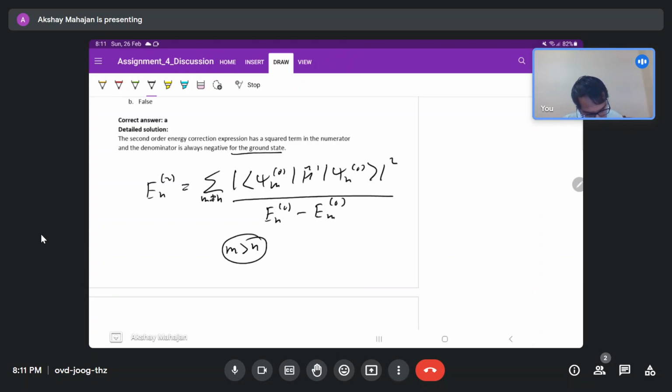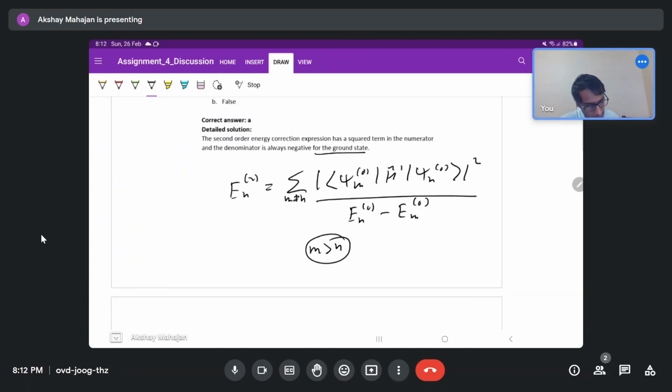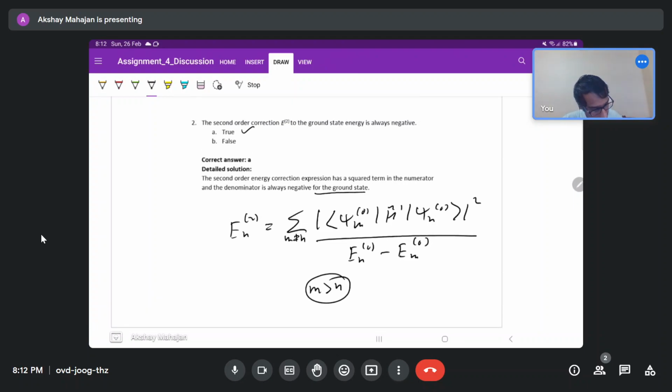Generally the m value is greater than n. Even for an excited state, there could be many other excited states, so that could add negative values as well. But generally we solve for cases where n is close to the ground state, so the answer is A in this case.